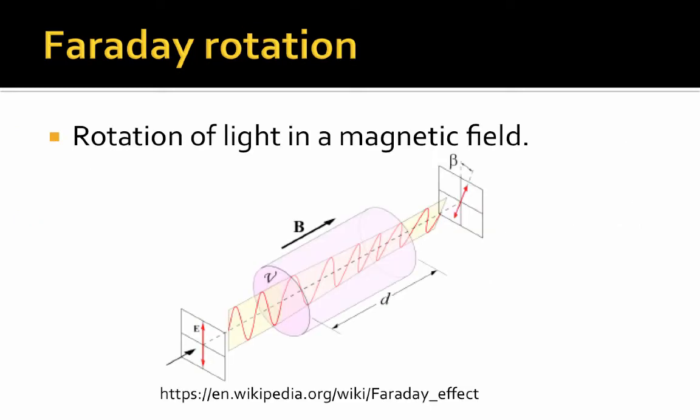All right, so very simply, Faraday rotation is a rotation of light due to a magnetic field.